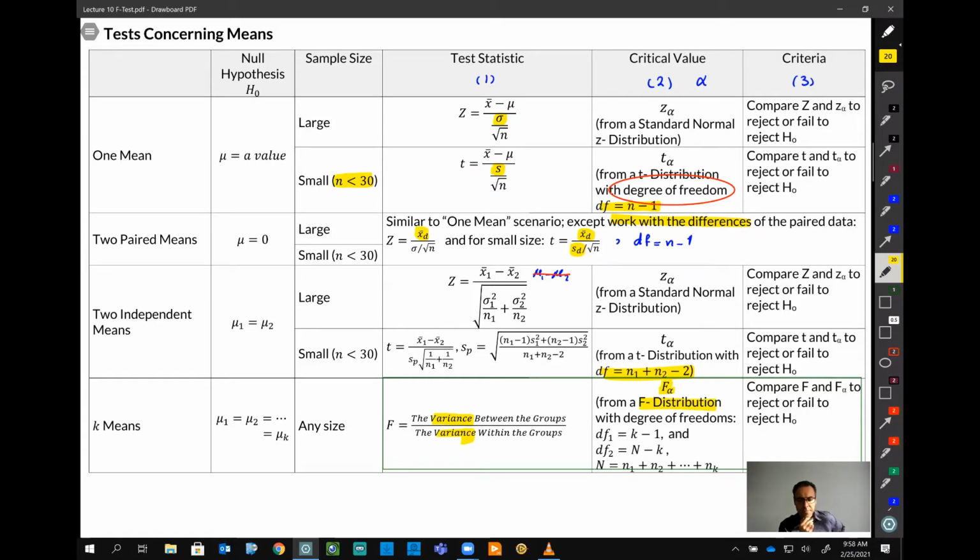A little bit different. And similar to the T distribution, it has degrees of freedom as its parameters, but it has 2 degrees of freedom, df1 and df2, and I'll get to that. Okay, that's the topic that you're going to compare, but the procedure is the same. So everything for doing a test concerning means has been summarized in this table, and you should keep this table, and always when you do the test, refer back to it.